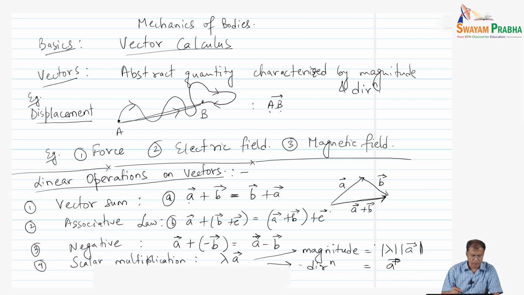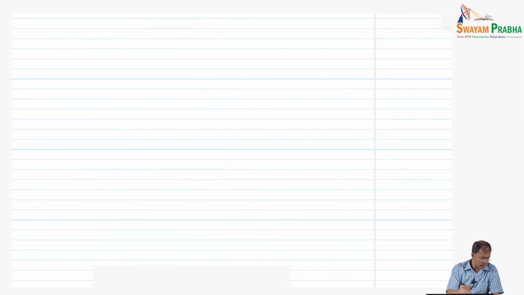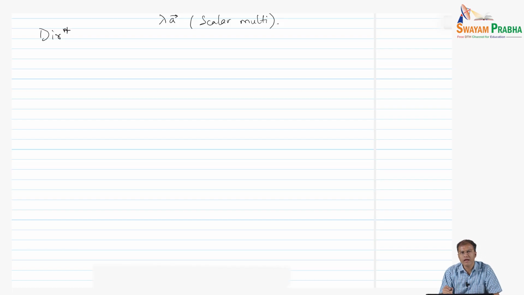So just a few points of note here. Again, we look at the scalar multiple of this vector, so lambda of A, scalar multiple, okay. And just to give a brief idea as to what we mean by this scalar operation.